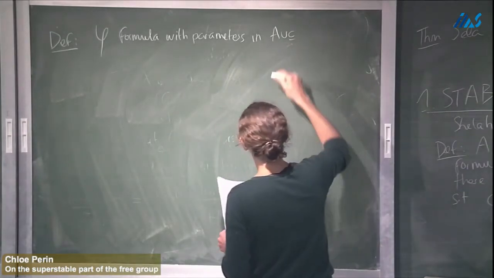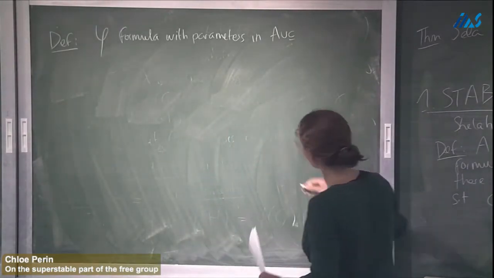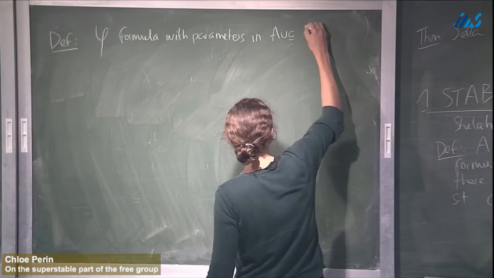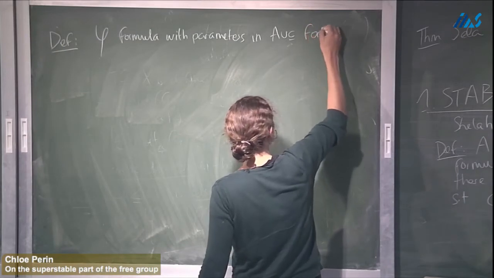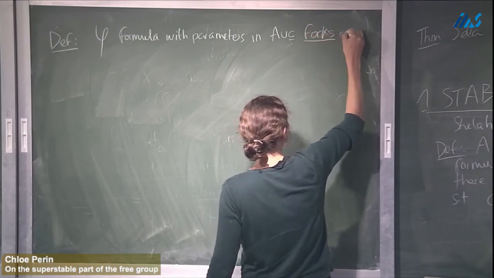Okay, it doesn't matter. You can define it if you add infinitely many elements, but you will say that it forks over A.